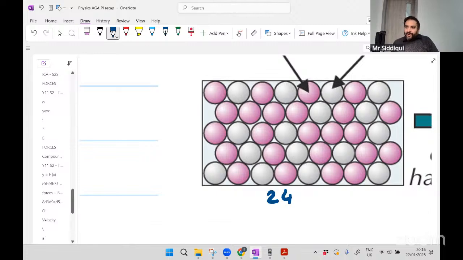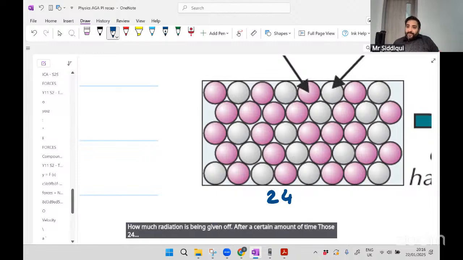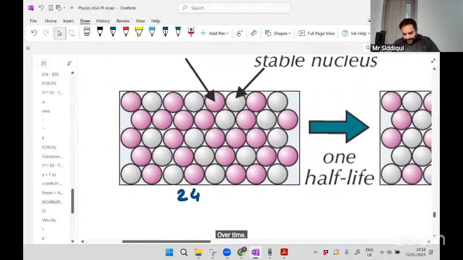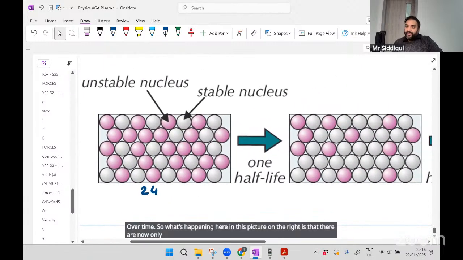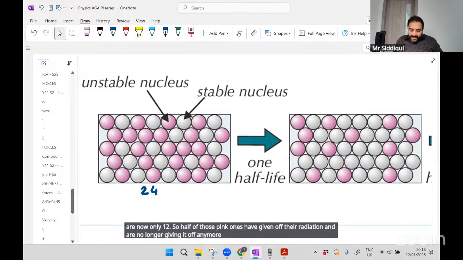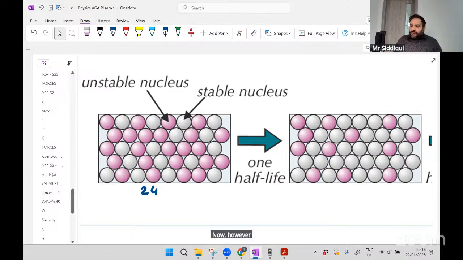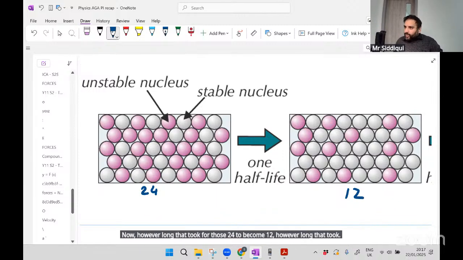those 24 at some point in time will become 12, won't they? Because they're just decreasing over time. So what's happening in this picture on the right is that there are now only 12. So half of those pink ones have given off their radiation and are stable again now. However long it took for those 24 to become 12 is called a half-life.